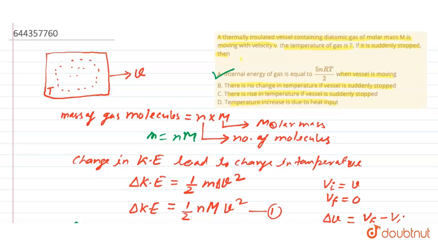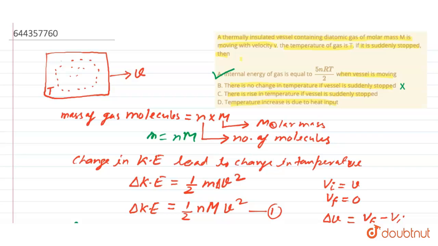Now the vessel is stopped, so there is no change in temperature if the vessel is suddenly stopped, which is not correct. Suppose this vessel is moving and the gas molecules are vibrating, that means they increase the temperature of these molecules, so this is not correct. There is a rise in temperature if the vessel is suddenly stopped.